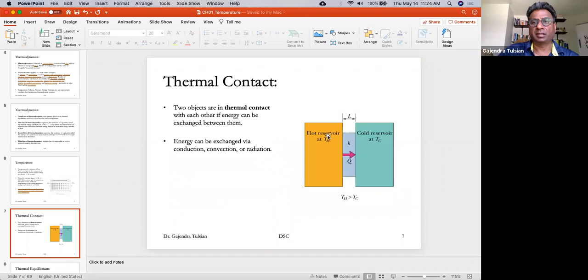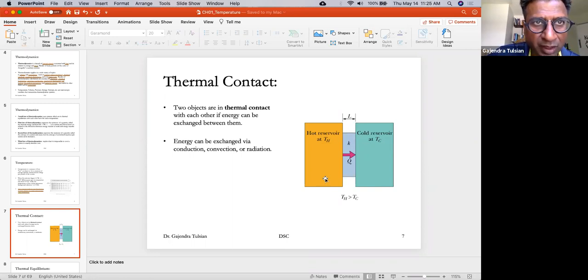Thermal contact. Two objects are in thermal contact when they can exchange heat. And you can exchange heat via conduction, convection, or radiation. Again, we'll talk about these three modes of heat exchange later on. Whenever two objects can exchange heat energy, then they're in thermal contact.